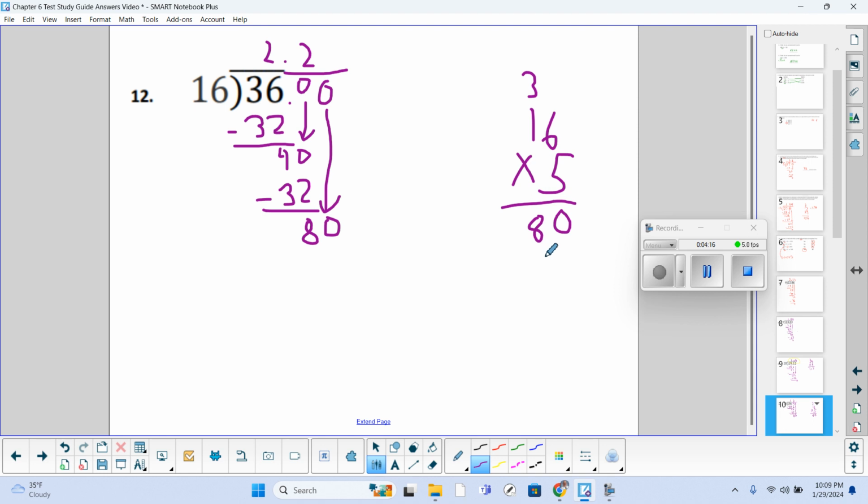So yeah, that's exactly 80. So 5 is the number that goes up here. 5 times 16 is 80. So my remainder is 0, which means the answer to this question is 2.25.